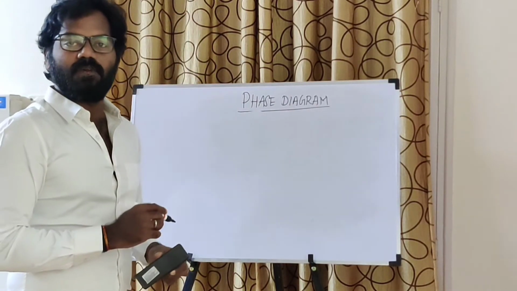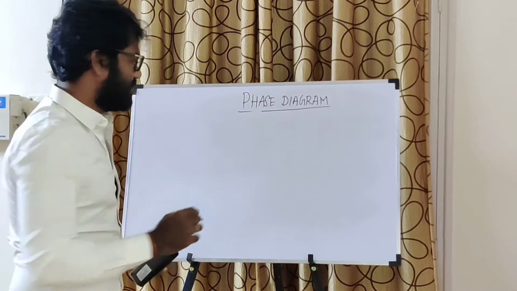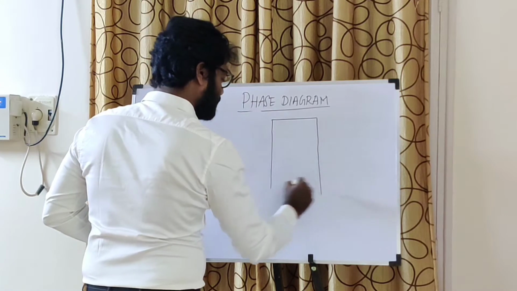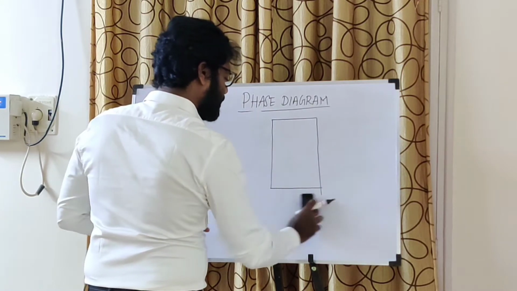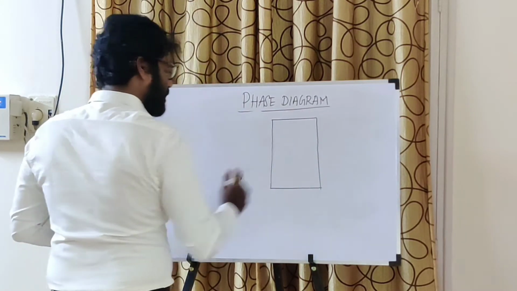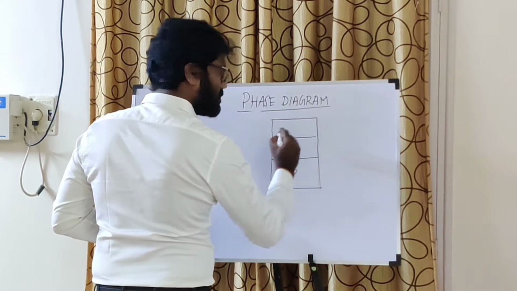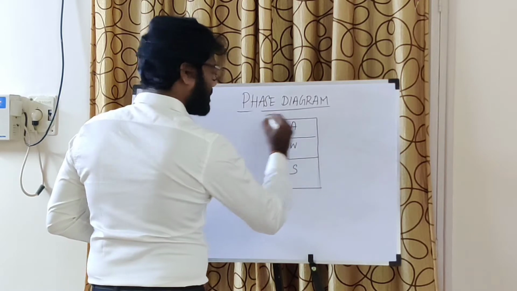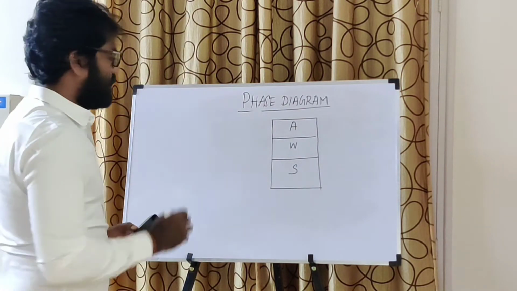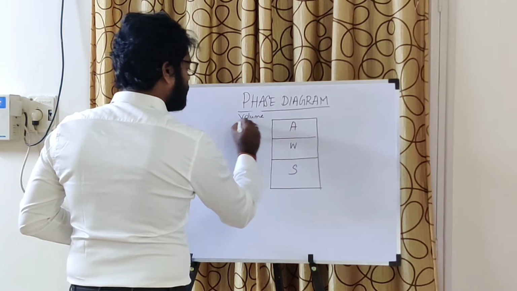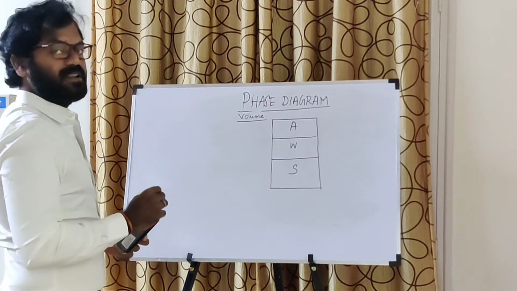A partially saturated soil mass will have three different phases. From the name itself, we will be able to understand. So we have solid particles, we have liquid, that is water, then we have voids, that is air. To draw a phase diagram, on the left hand side, we have to use volumetric representation.